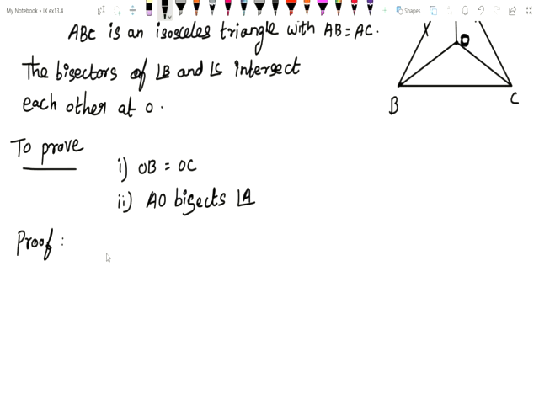In triangle ABC, AB equal to AC, because it is an isosceles triangle, these two sides are equal, as given in the question. See here, look at the diagram.